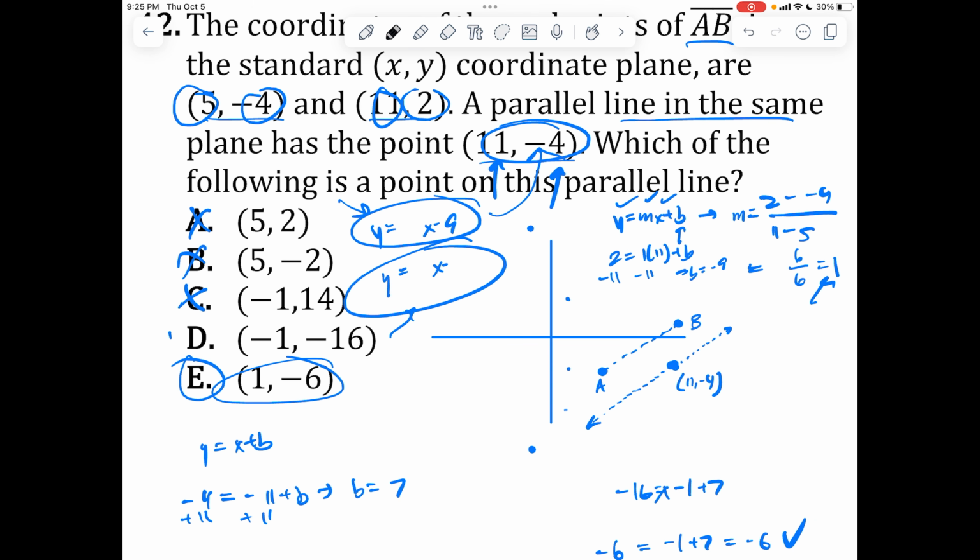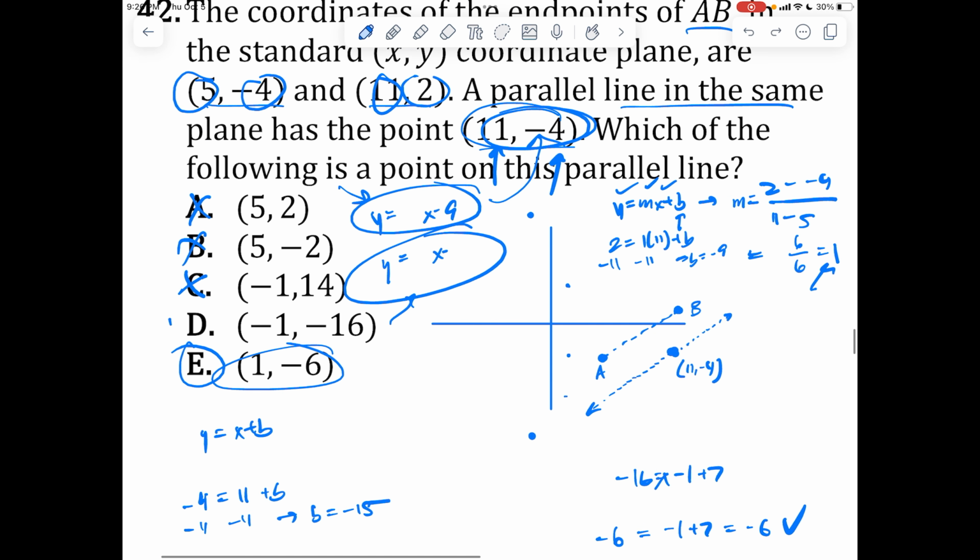Okay, so let's run that back. Let's do this again. We're going to plug in this point right here from the second line. Negative 4 equals x 11 plus b. Minus 11 minus 11. B equals negative 15. That makes sense now. Okay, so it's going to intersect the y-axis somewhere here.